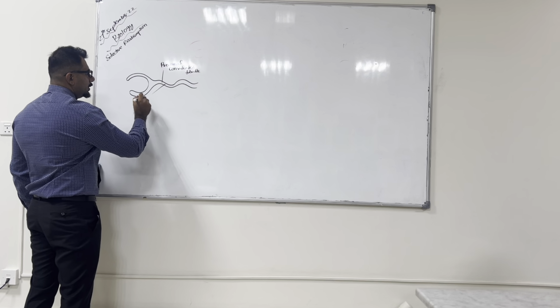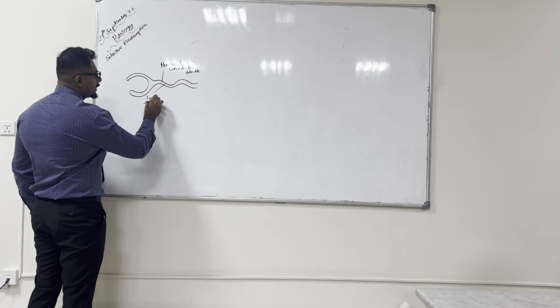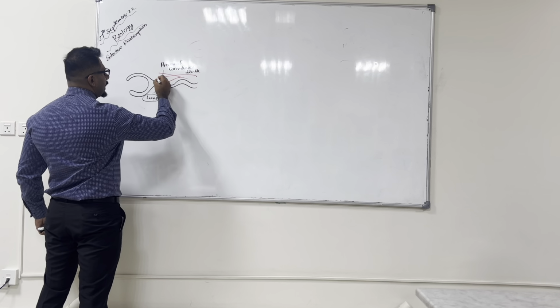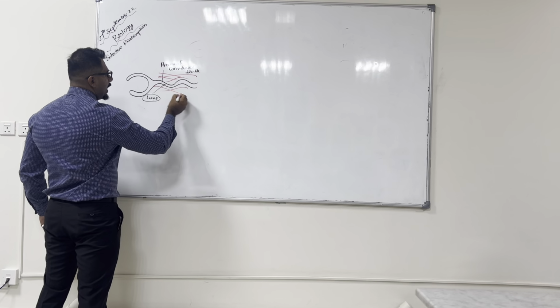This over here, we know that this is the lumen of the proximal convoluted tubule, right? And around the proximal convoluted tubule, we have blood capillaries, and these blood capillaries are called peritubular capillaries.